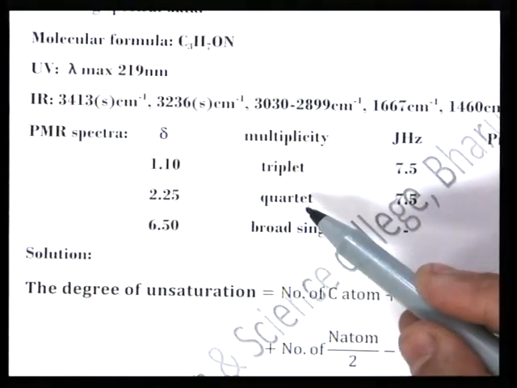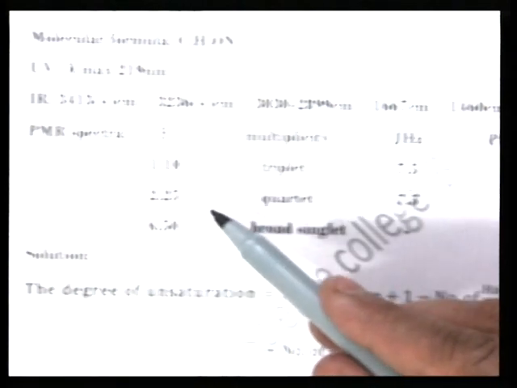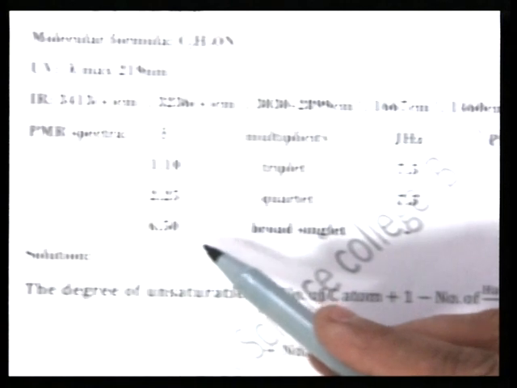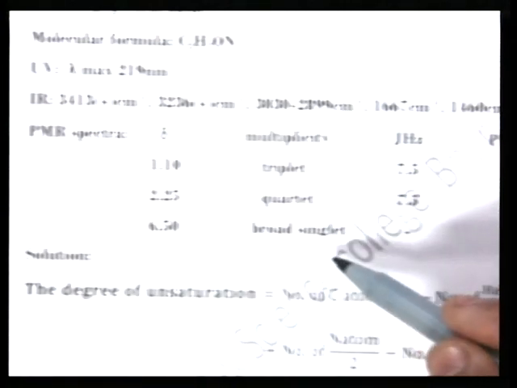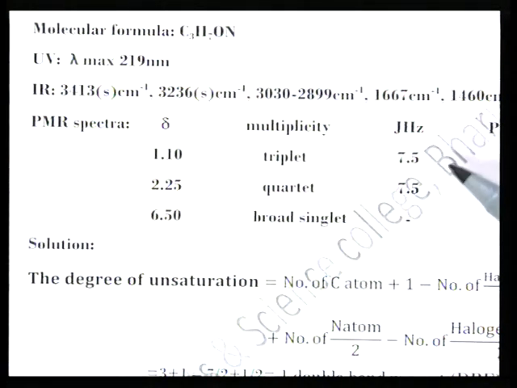PMR spectrum: 3 signals are there, delta values given are 1.1, 2.25, 6.5, multiplicity is triplet, quartet and broad singlet. J value is given for the first two signals, identical J value.